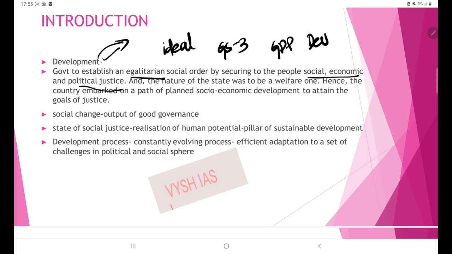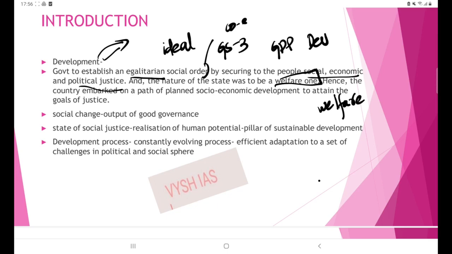So it is actually the duty of government. Government has to establish an egalitarian social order where all the people are coexisting in a diverse country like India, and the nature of the state, as said in DPSP and Constitution, has to be a welfare state. So for the welfare state, we need the coexistence of all the sections of society. So it is the duty of government.